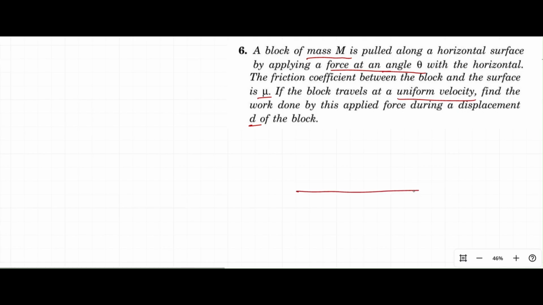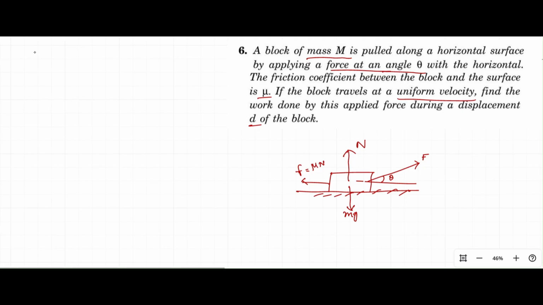There is a horizontal surface on which a block is kept, and a force F is being used to pull it at an angle theta with the horizontal. In the opposite direction frictional force is applicable, which is equal to mu into N, in the downward direction mg is applicable, and in the upward direction the normal reaction force is applicable.